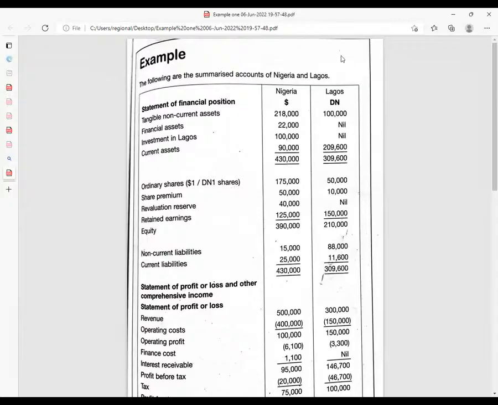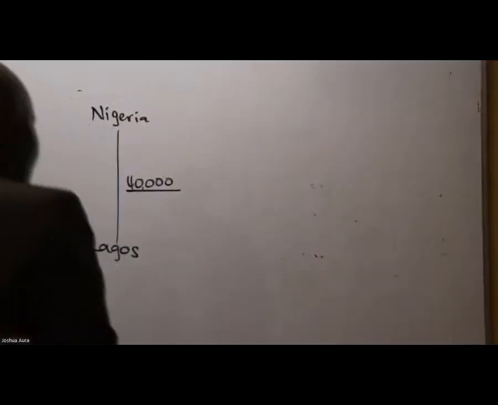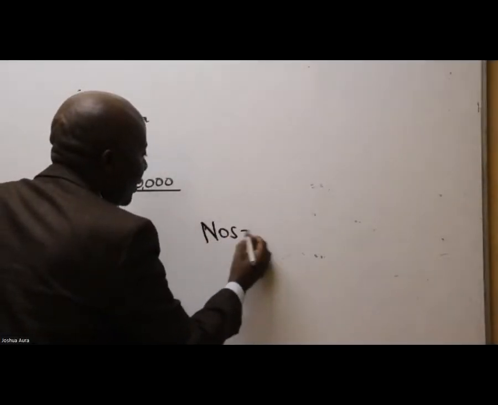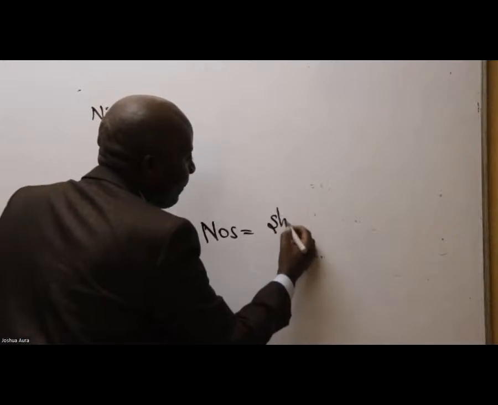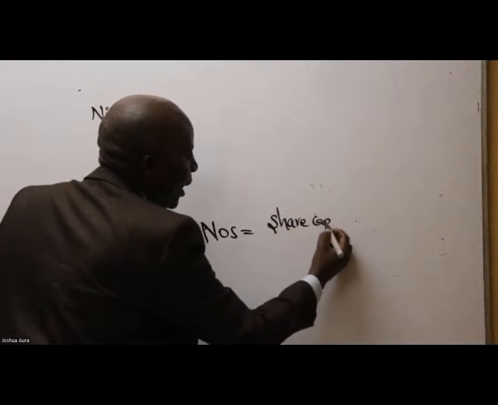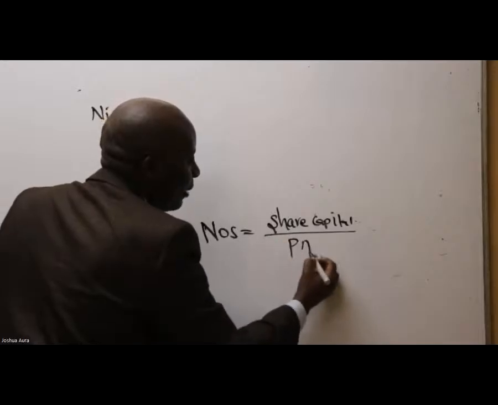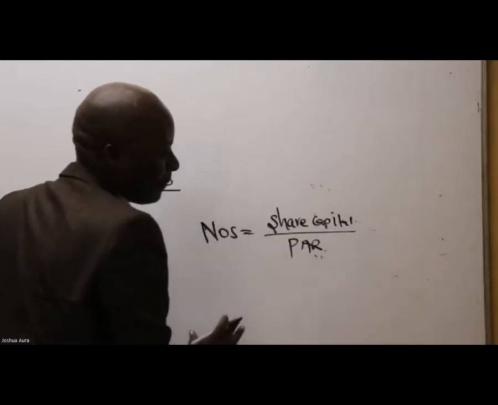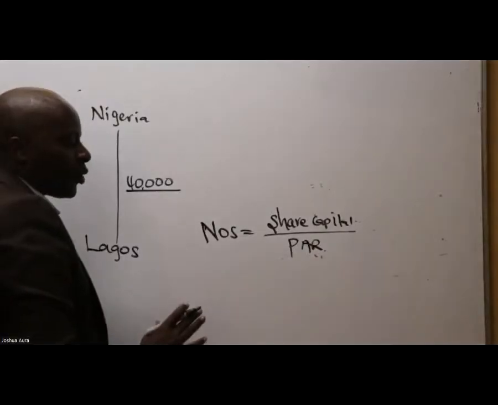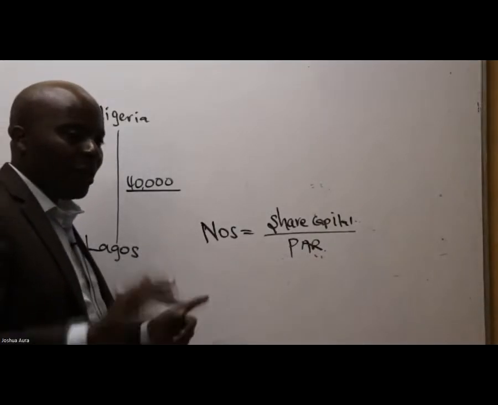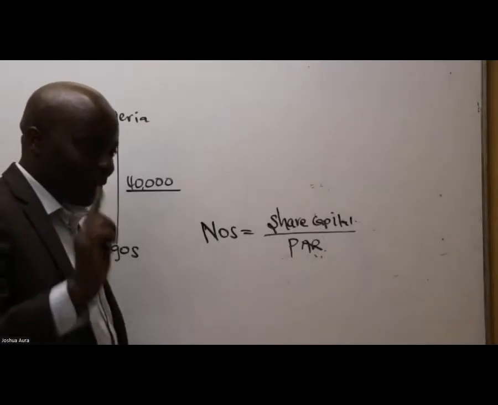Anytime you want to get the number of ordinary shares, my good students, listen: you always take the share capital given and divide it by the par value given there by the side. Remember, I'm interested in the number of ordinary shares of the subsidiary, not the parent.